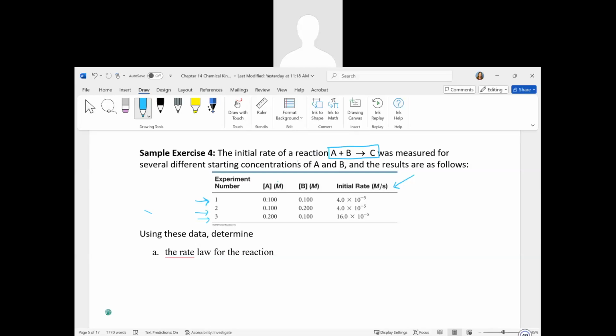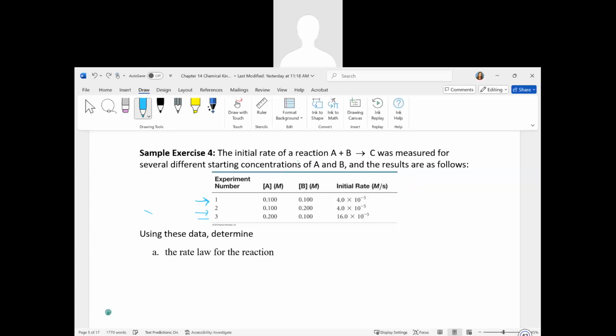If we were to compare the rate of reaction 2 to that of 3, we could see that there's quite an increase, but we wouldn't be able to determine which of our reactants was responsible because we change both A and B between reactions 2 and 3. So we have to be strategic in which of these rates we compare and which experiments we use to determine the order with respect to each reactant.